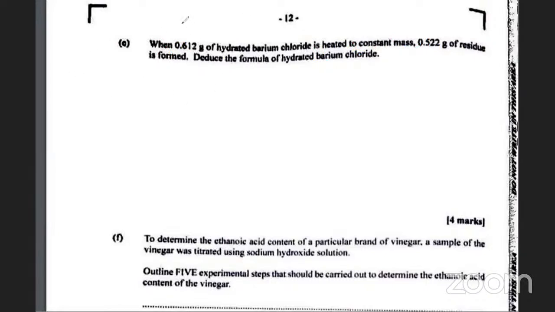So remember you have precipitation and you have volatilization. All right, so this one is volatilization, when you're trying to find out the water of crystallization.